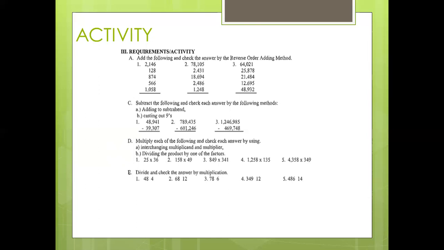For letter C, we have two methods. You may choose which method you want and just answer number one. So for example, if you're more comfortable with the method in letter A for letter C, you may use it for answering number one. And for letter D, choose another method, or only one method, and answer number one. And then for letter E, only number one.